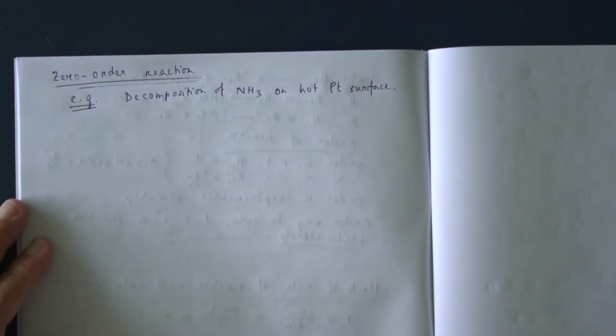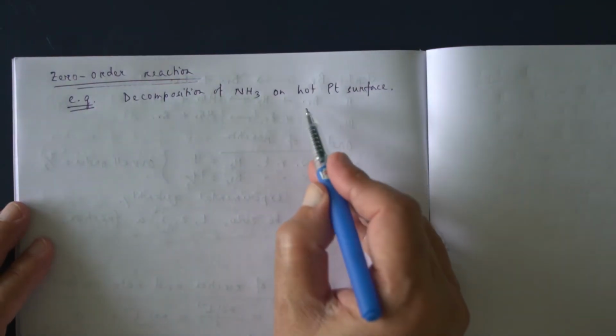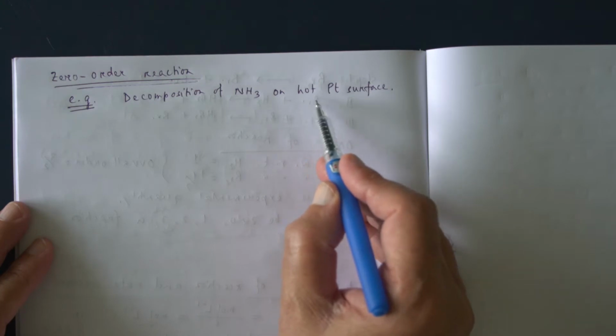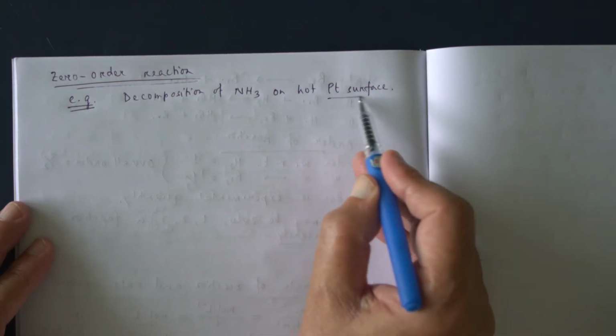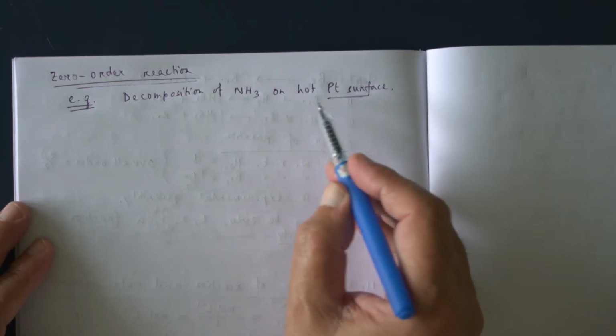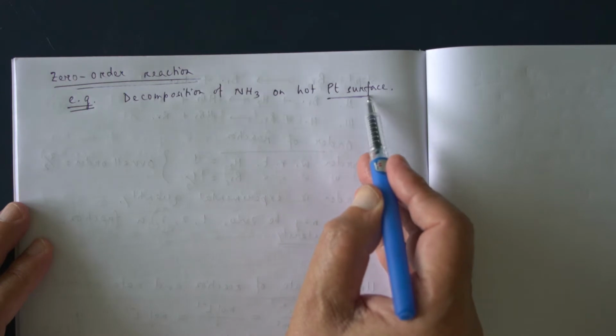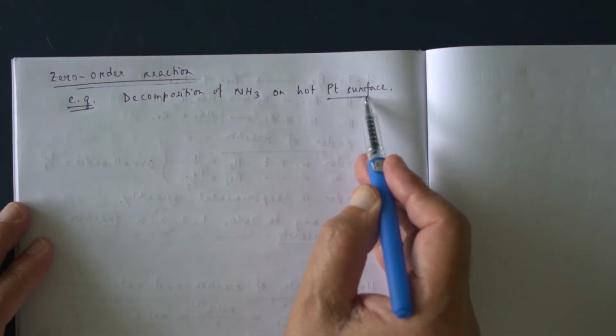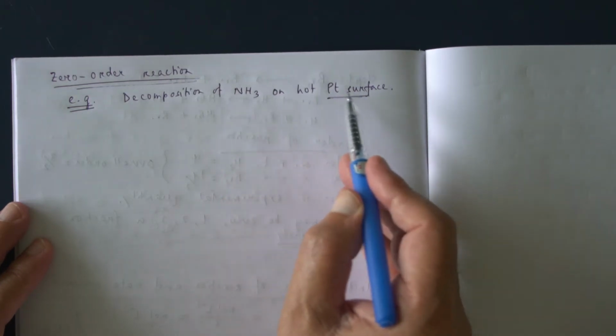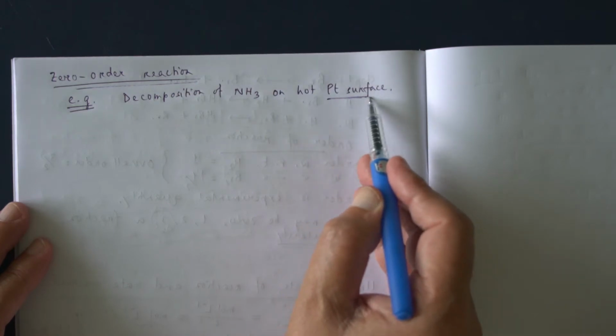This is a catalysis reaction. And which is the catalyst? The catalyst is the platinum. So ammonia decomposition will take place on hot platinum surface. That means in this reaction platinum is the catalyst.